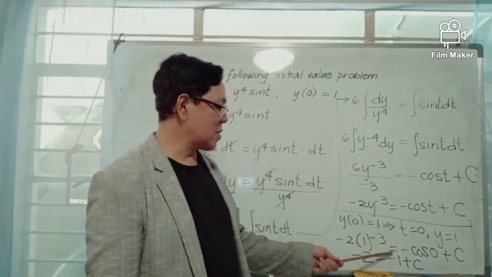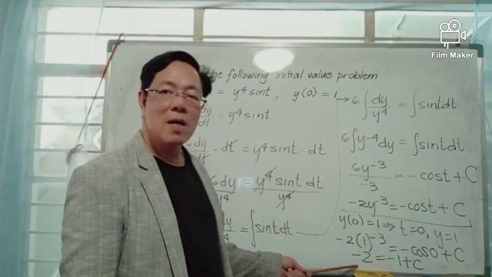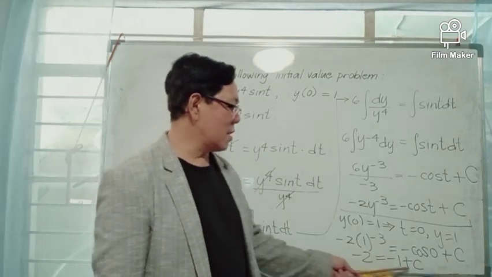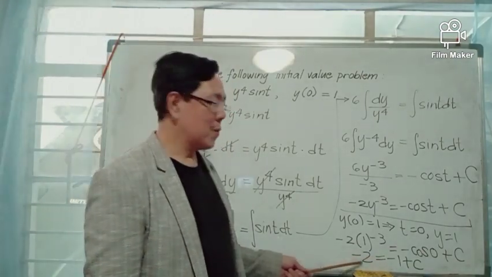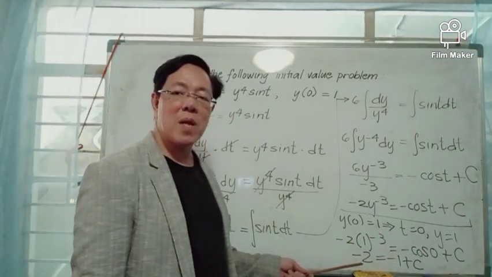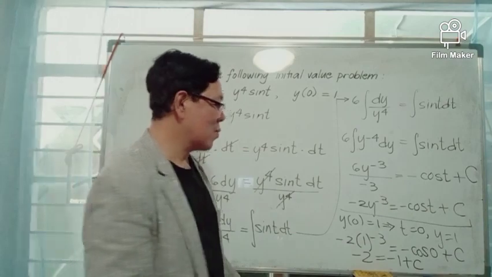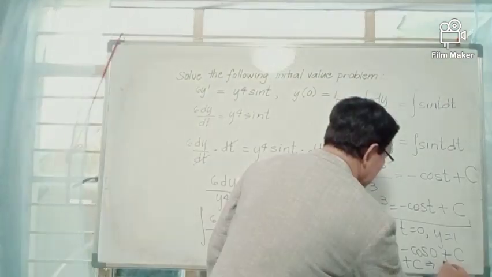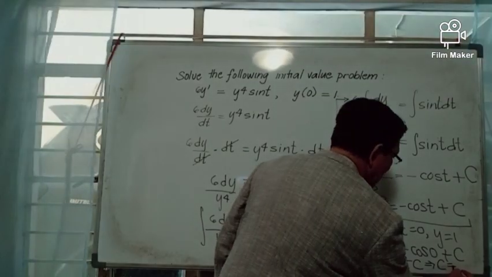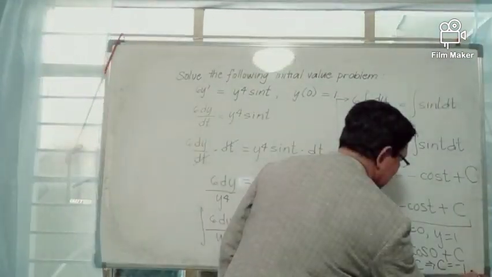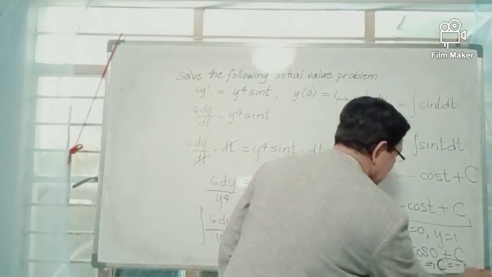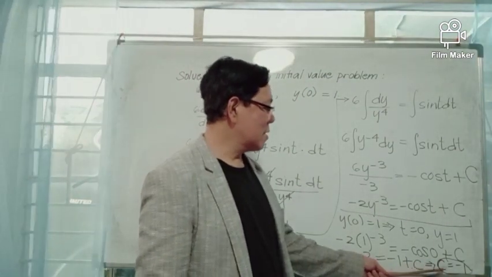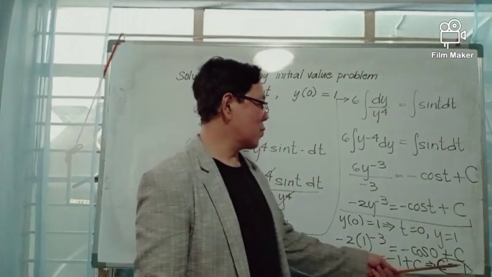If you transpose negative 1 to the other side, you get plus 1. Negative 2 plus 1 equals negative 1. This implies the value of c equals negative 1. The value of our constant c equals negative 1.